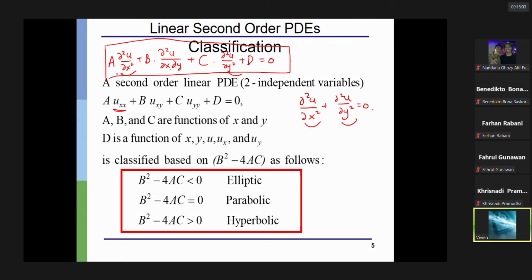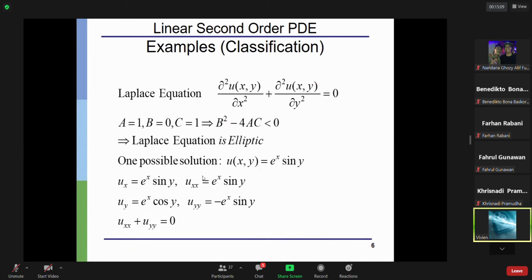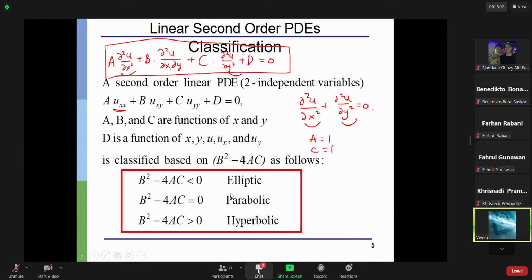So that means A is 1 for this case, and C is 1 as well. When you want to find which type our problem belongs to, we can check by calculating B squared minus 4AC.